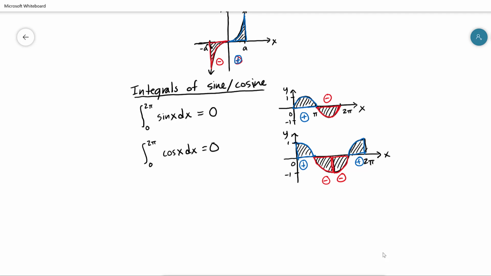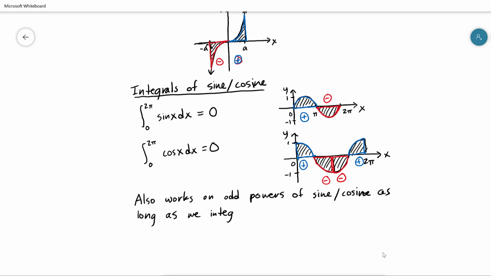So it also works on odd powers of sine and cosine, as long as we integrate over full periods.